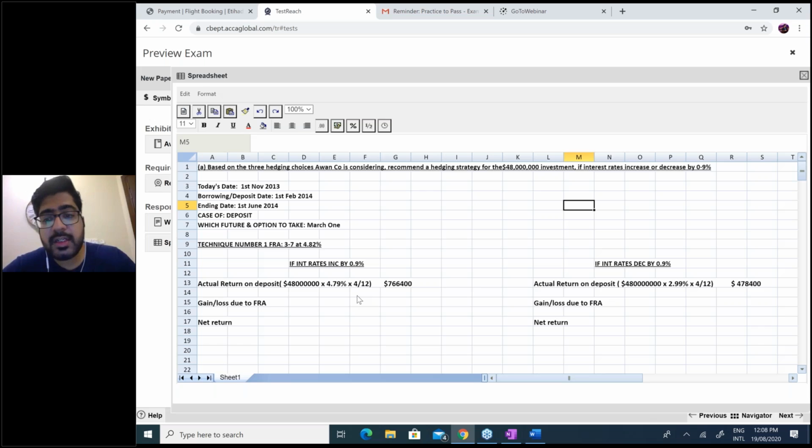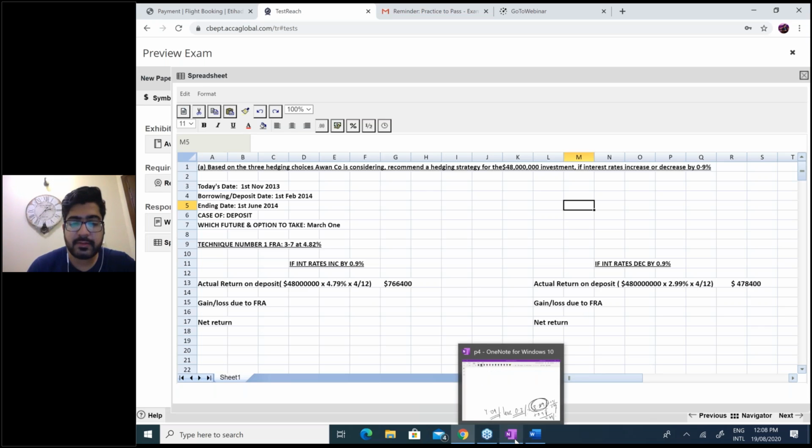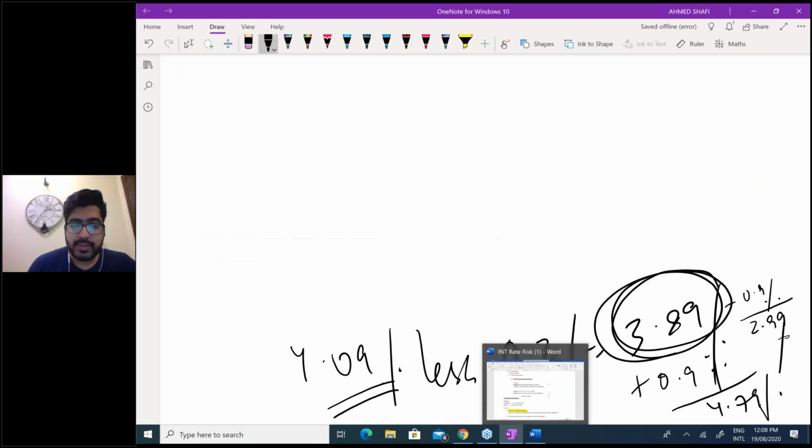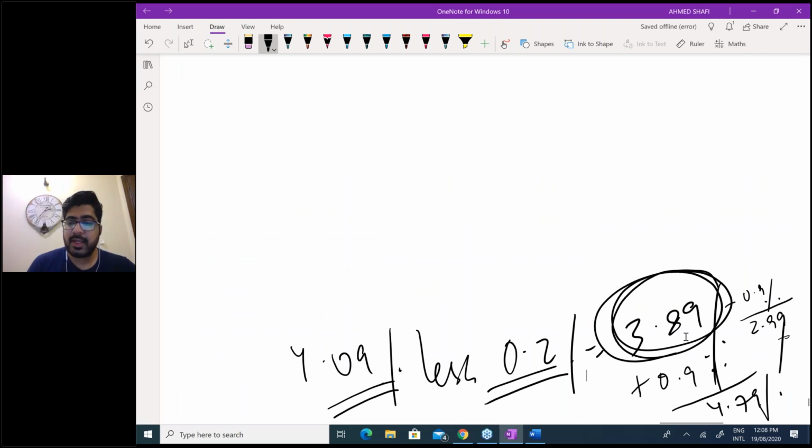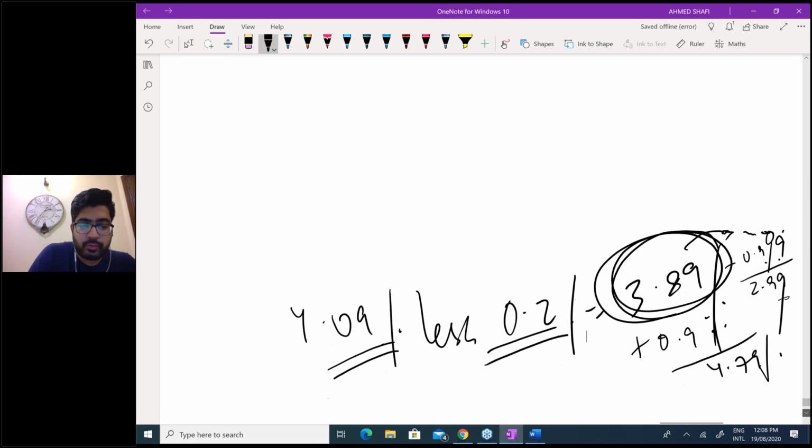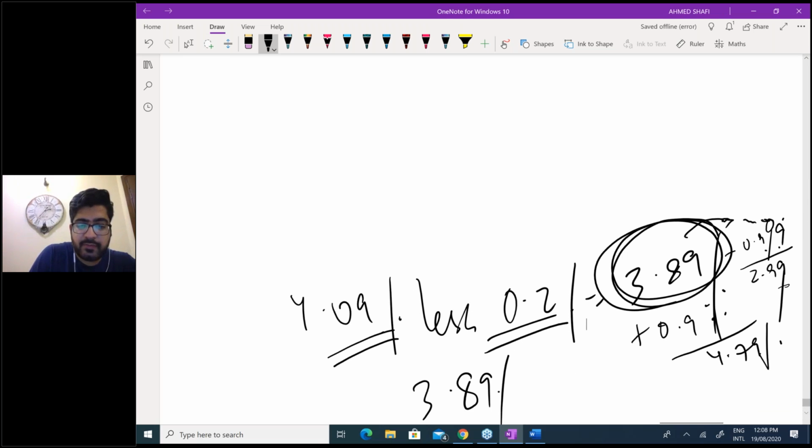And if it decreases by 0.9, you can invest at interbank rate 4.09 less 20 basis points, 3.89, less 0.9, which is 2.9.